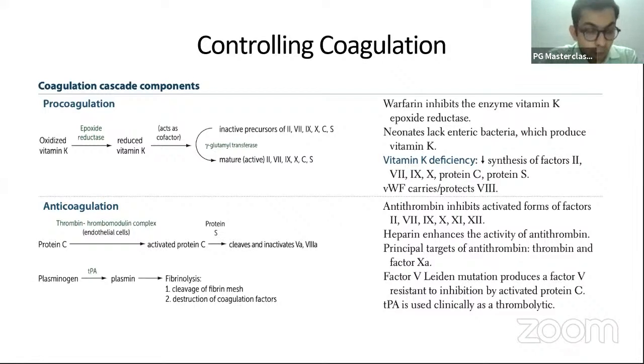And a procoagulant would be vitamin K, which is used by the liver to cause gamma carboxylation of coagulation factors 2, 7, 9, and 10, which are necessary for the coagulation pathway.